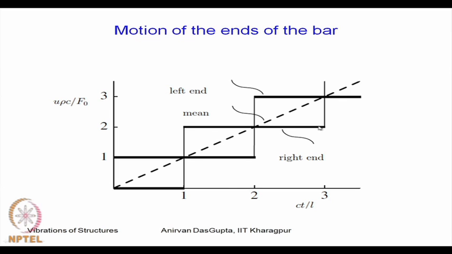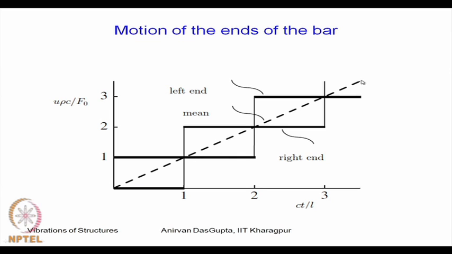So, this is the right end of the bar. Here the wave again reaches the left boundary, and the left boundary takes a displacement jump. Like this the two ends of the bar are moving, but now they are moving in discrete steps, as you can see here. Now, this is the mean motion of the bar.